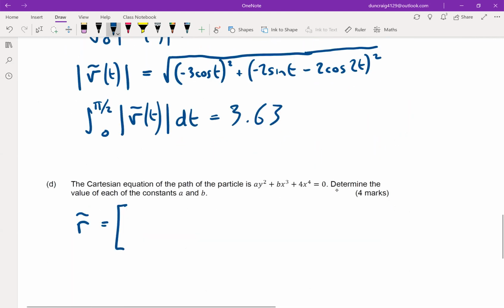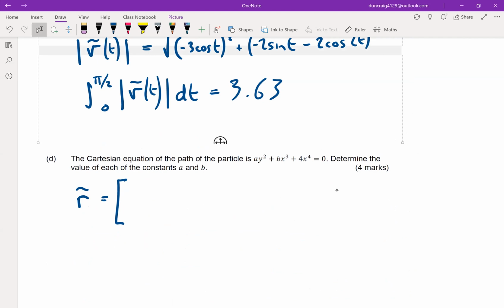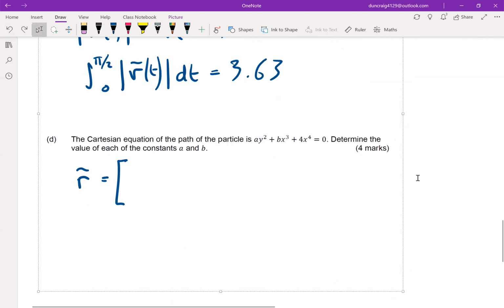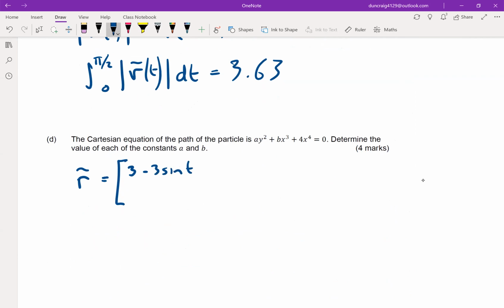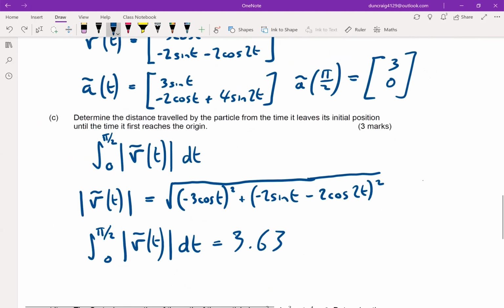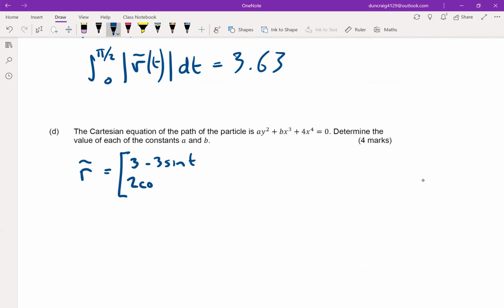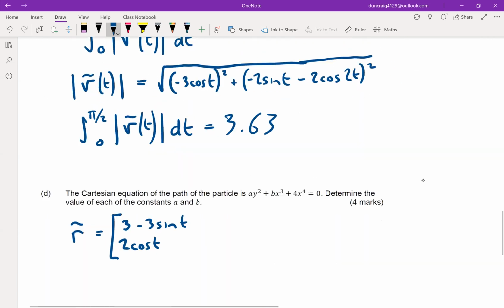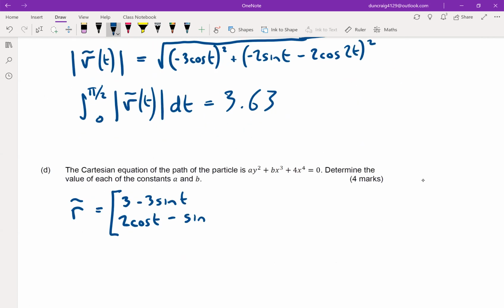3 take 3 sine t, and 2 cos t take sine 2t. Cool, so I've got that there.